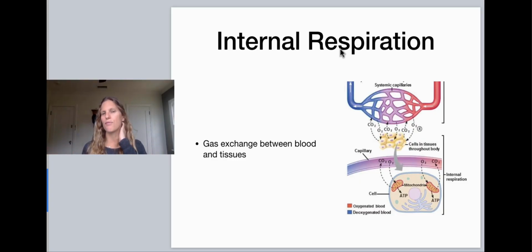The whole purpose of the respiratory system is not to get oxygen into the lungs. The whole purpose is to get oxygen into the blood so that it can be pumped by the cardiovascular system, the pump, to the tissues, so it can be delivered to the tissues. And the carbon dioxide that we're producing as a waste, we need to get it out of our body.